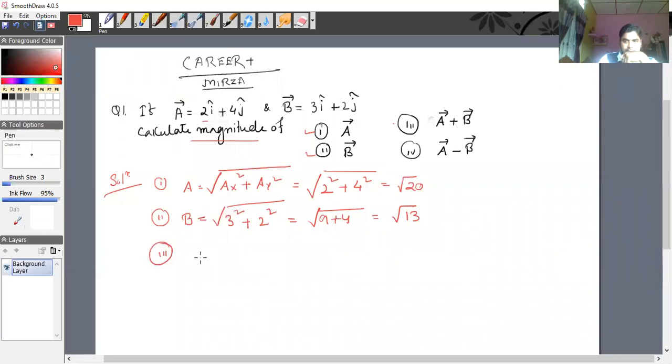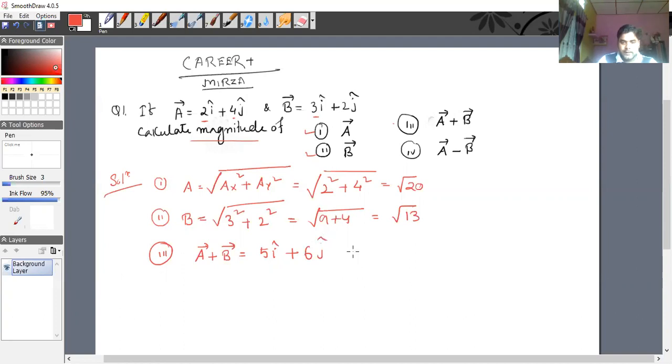at first try to calculate the vector A plus B. The x components will always add with each other, and in the same way the y components will add. So A's x component is 2 and B's x component is 3, 2 plus 3 is 5i. For A there is 4j, and B has 2j, so the y component is 4 plus 2, 6j.